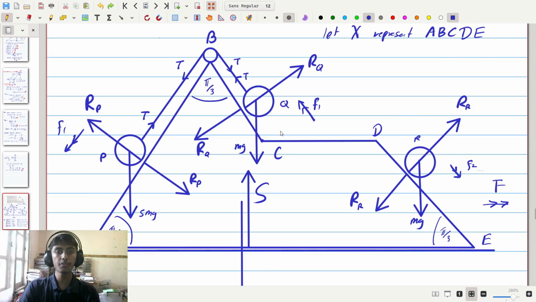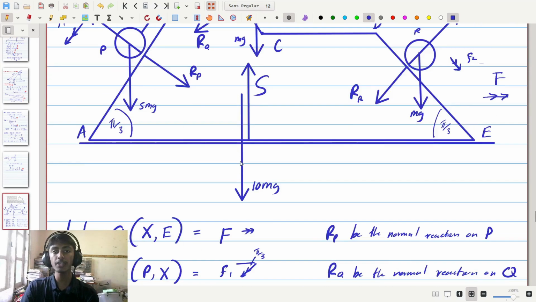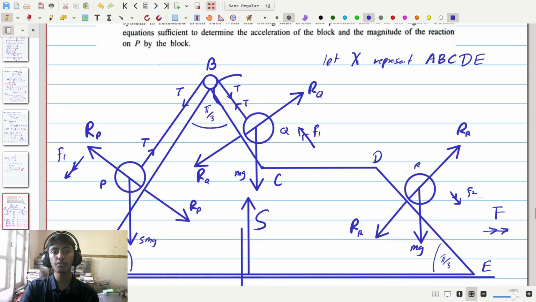So now, if we go down and consider that, for Q, what we're going to do is do up the slope, so like this, and the angle here is pi by 3, I believe, so here we have pi by 3. And then, if we apply like that, we can see in that direction, we have a force of T like this, so plus T. And then we have a minus mg is this component.